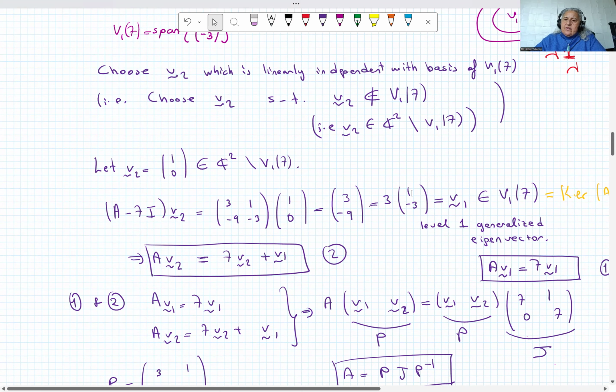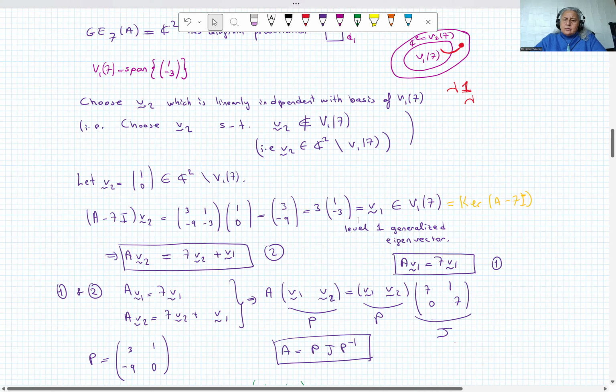That will be 3 times (1, minus 3), which is also an element in V1. So choose this vector, call this vector V1. So what we found from this equation, (A minus 7I)V2 equals V1, is that A V2 is equal to 7V2 plus V1.